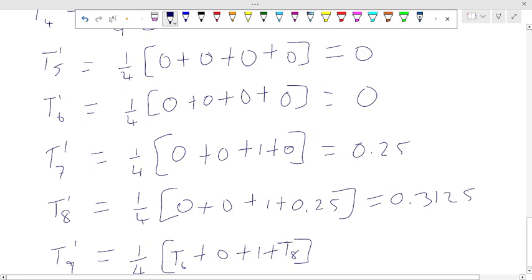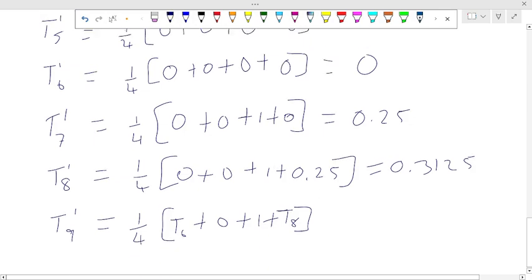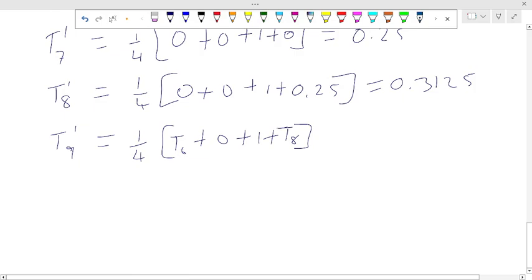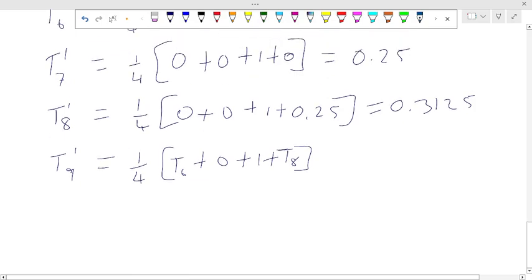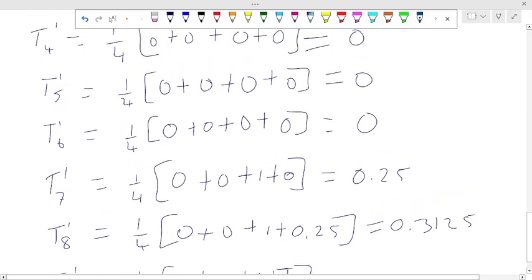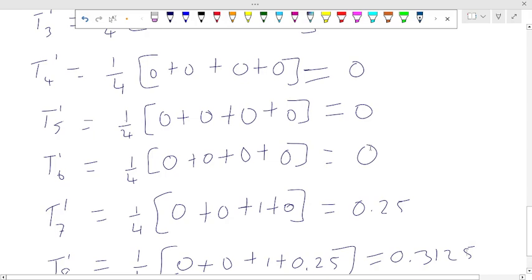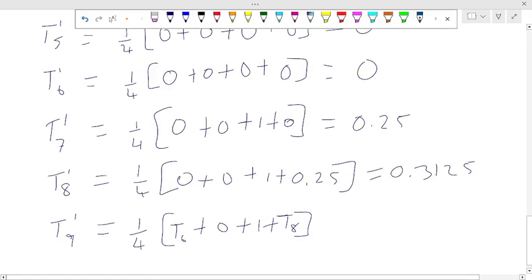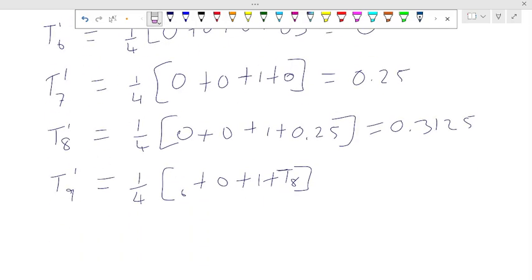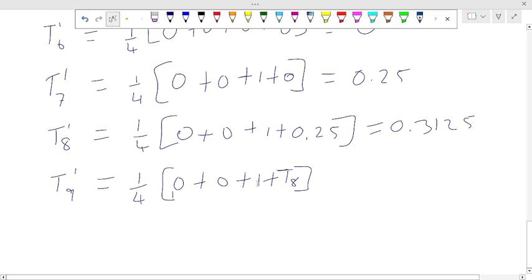Punch your calculators to be sure. Okay, but I am sure. Next, T6. What is the latest value of T6? T6 is 0.